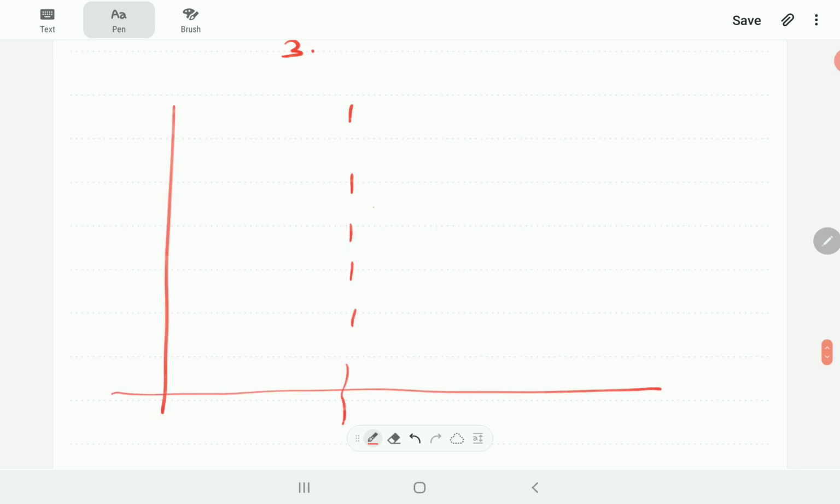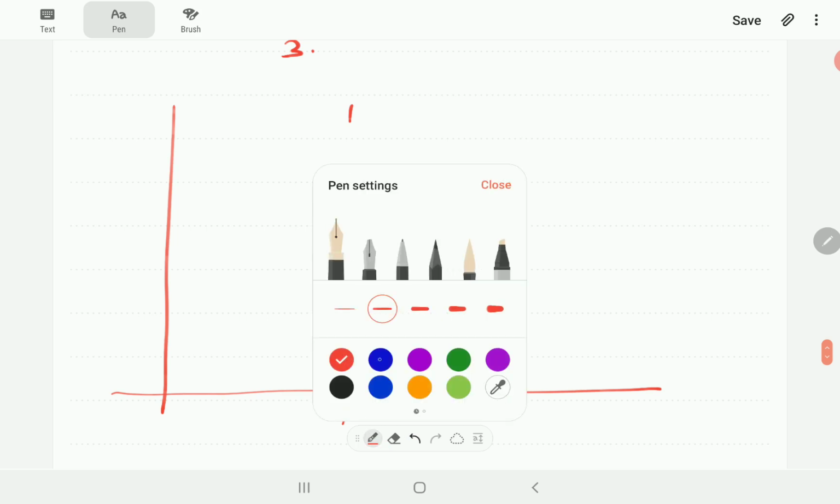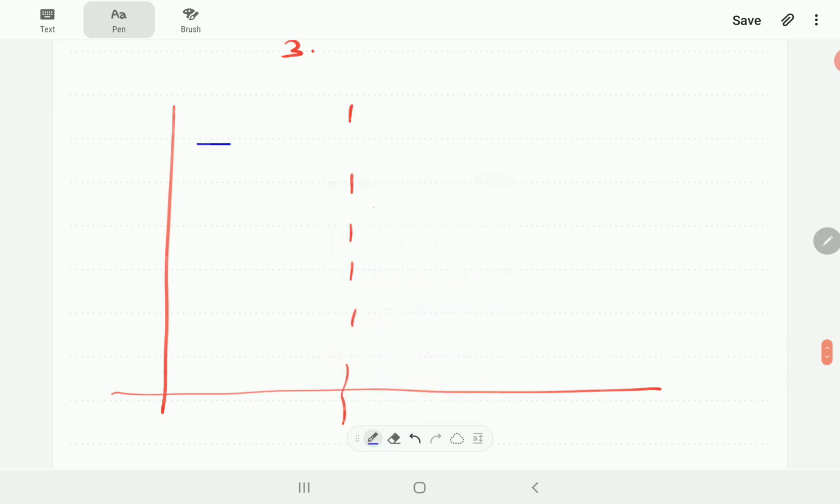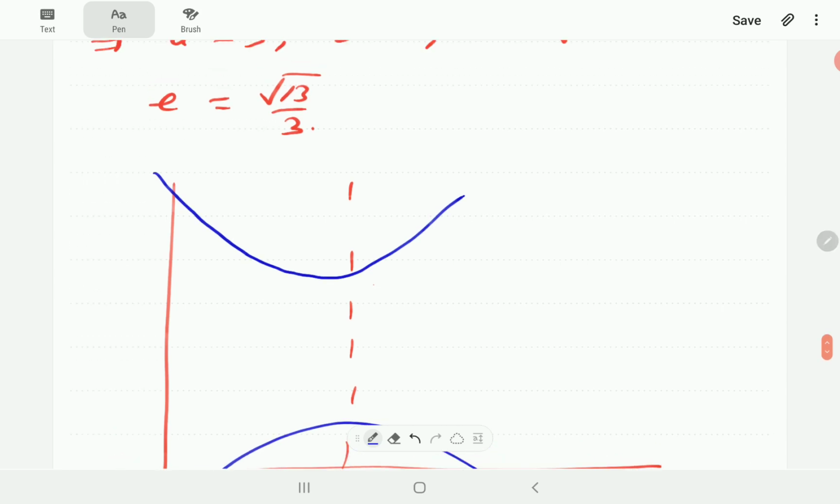So something like this. So our graph is going to look something like that. Let's just wait to see where the vertices are.